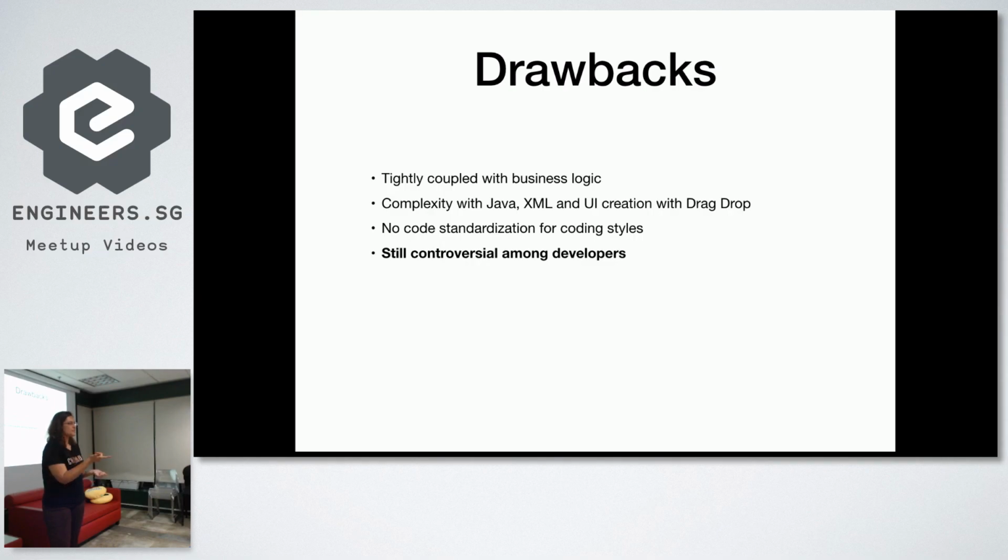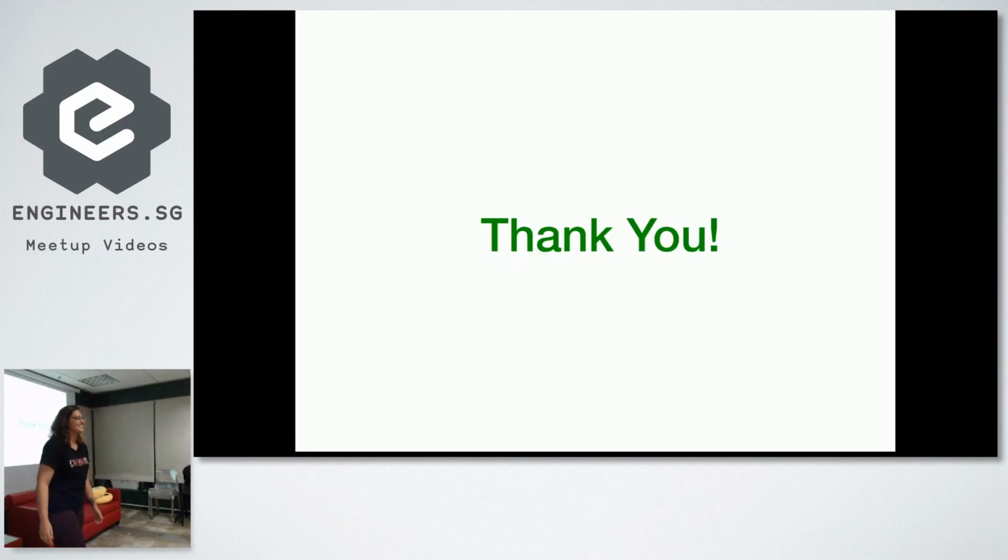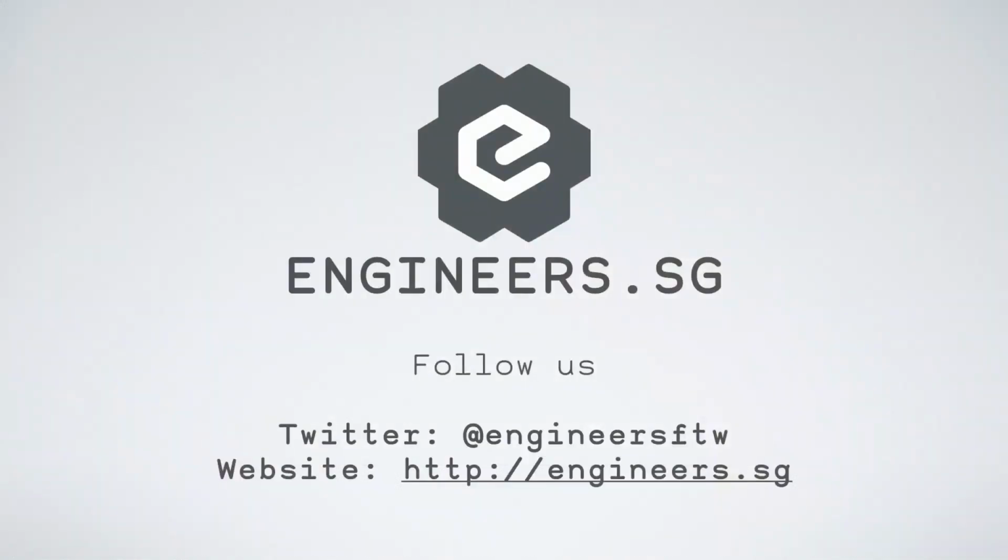I think .NET has drag and drop to view the views, but Compose does not. So I don't know what's the future for that, but hopefully they do, because we would want our developers to be more proactive about creating UIs. Okay, that's it. Thank you guys.